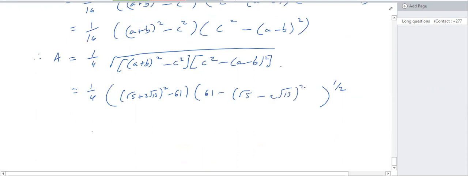So what we have is quarter into, let us open this part. So in two brackets like this to the power half.